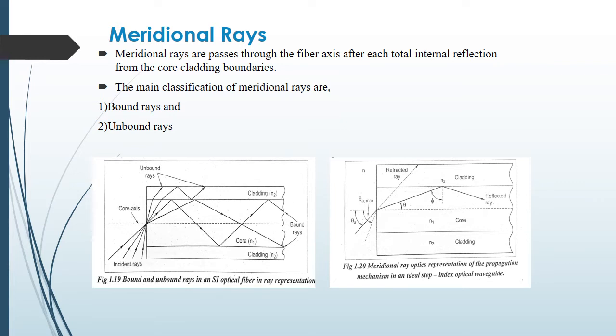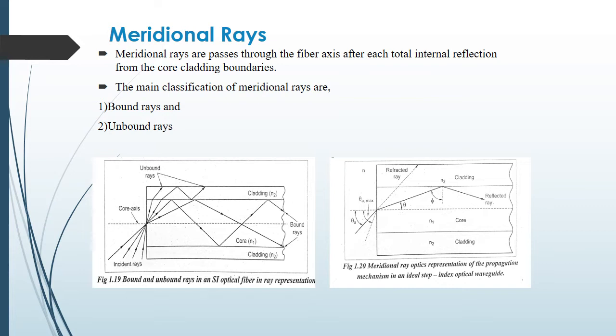The main classification of meridional rays is bound rays and unbound rays. Bound rays are trapped in the core and propagate along the fiber axis according to the law of geometrical optics. Unbound rays are refracted out of the fiber core.